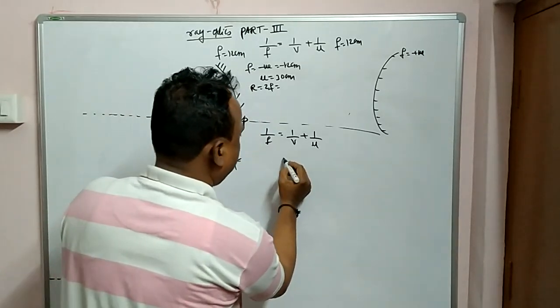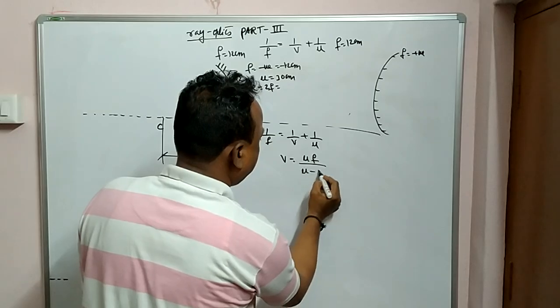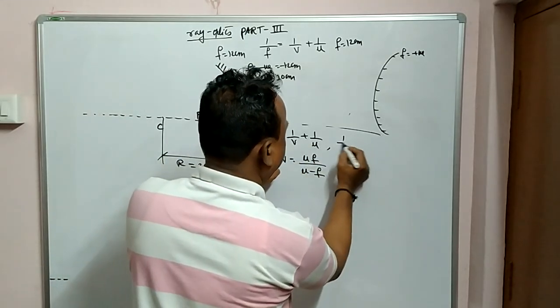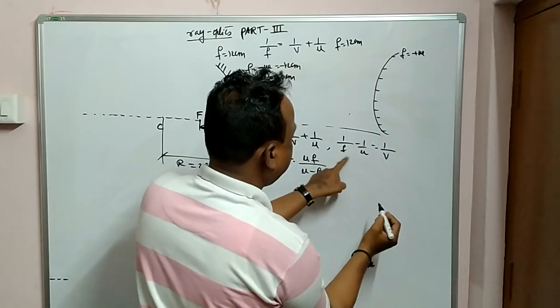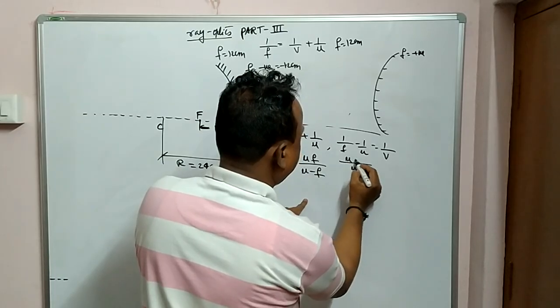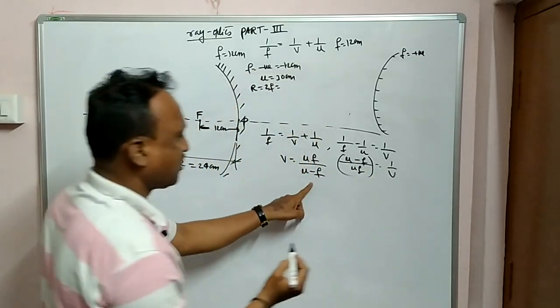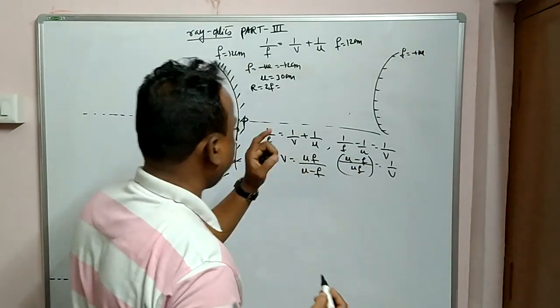So from this, what is v? 1 by f minus 1 by u is equal to 1 by v. If you take the LCM, it becomes u minus f by uf. So this is the shortcut formula: v is the reciprocal, uf by u minus f.